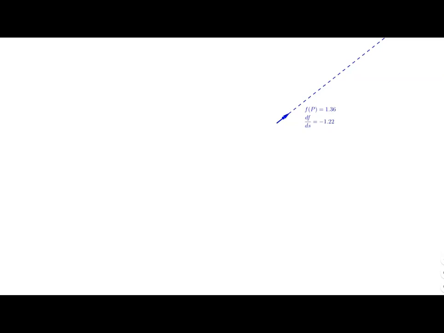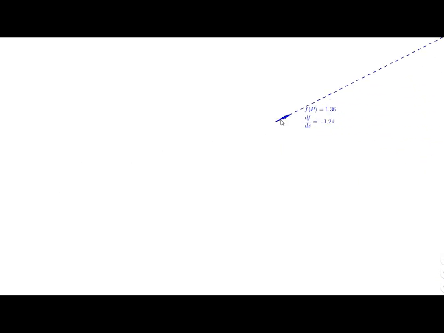Now let me start by rotating the direction of our unit vector here, and notice that the value of the directional derivative changes depending on the direction in which the vector is pointing. The value of the function itself hasn't changed, but the directional derivative does change. Here the value of the function is increasing. Here it's decreasing like this.